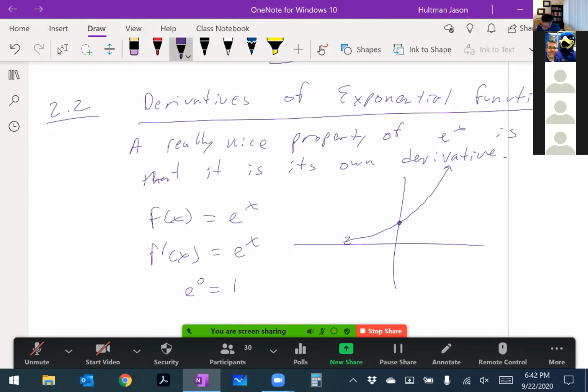So the y value and the slope are exactly the same. The y value is 1 here when x is 0, but also the slope of the tangent line is 1. So m equals 1.